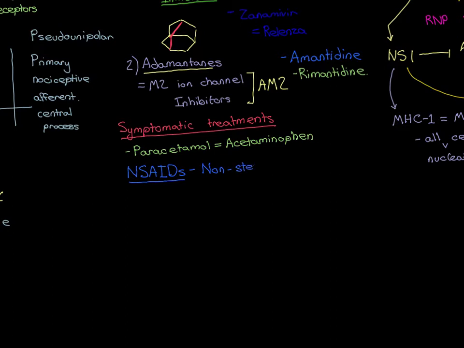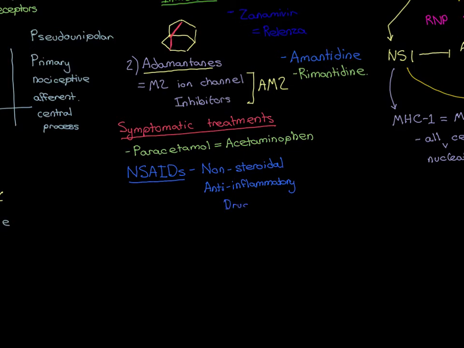So let me just write this out in full. So N and S stands for non-steroidal, AI stands for anti-inflammatory, and then of course D is just for drugs. So of course the steroid drugs, prednisone and hydrocortisone and triamcinolone and dexamethasone, they are incredibly powerful anti-inflammatory agents.